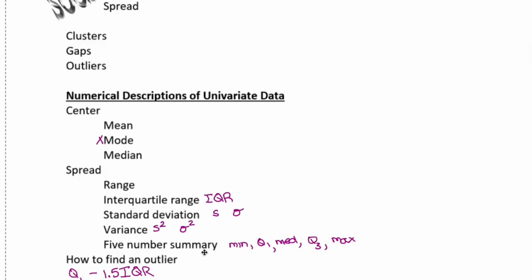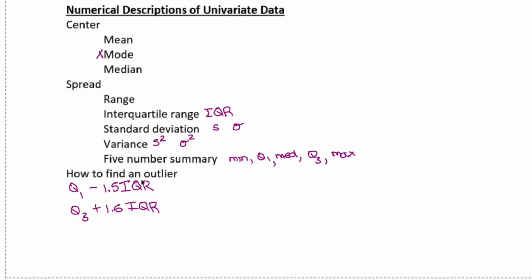For 5-number summary, we have min, Q1, median, Q3, and maximum. And I believe s is for sample and sigma is for population. And to find an outlier, you will use the fence method. For the lower fence you will use Q1 minus 1.5 times IQR. For the upper one, you will use Q3 plus 1.5 times IQR.